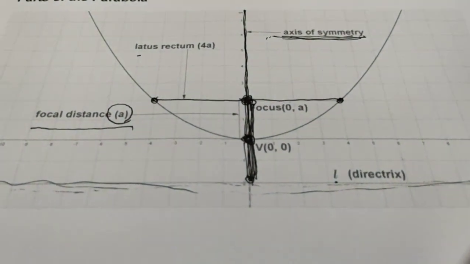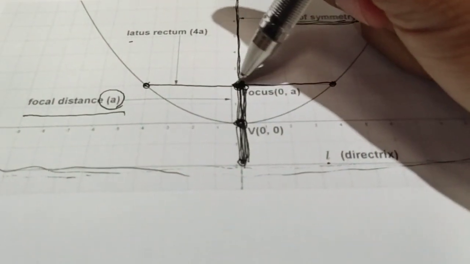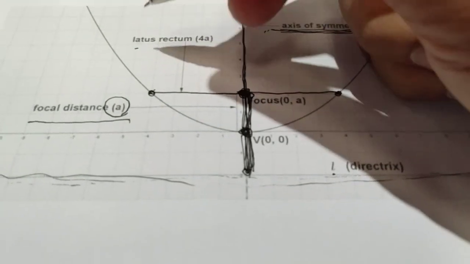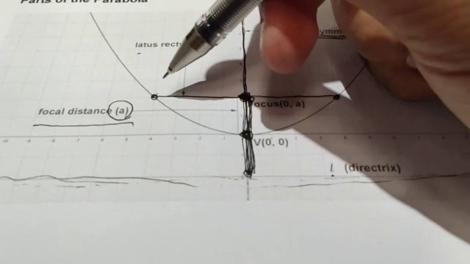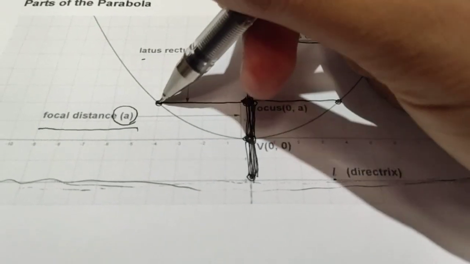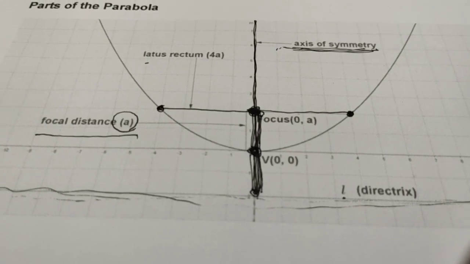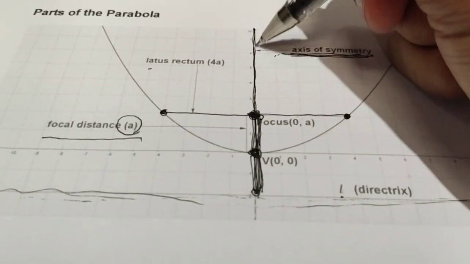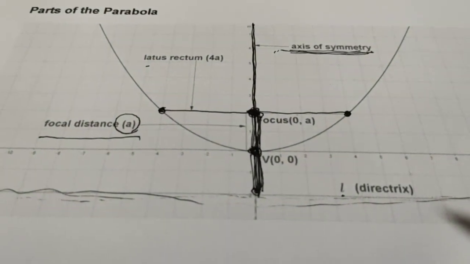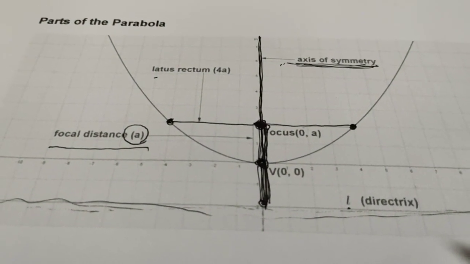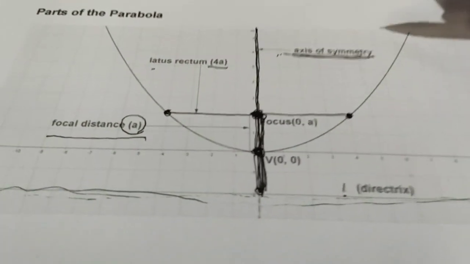Therefore, the latus rectum is the segment containing F, which is the focus of the parabola, with endpoints on the parabola, and it is perpendicular to the axis of symmetry. The total length of the latus rectum is 4a.